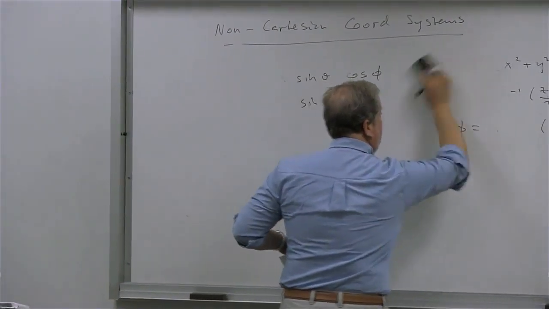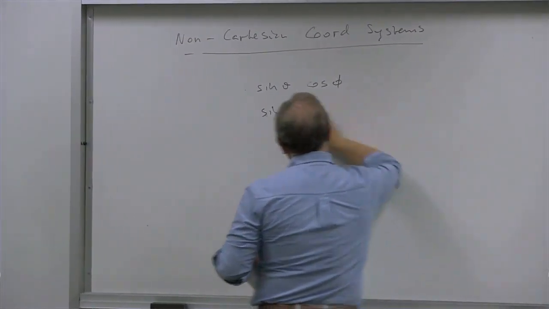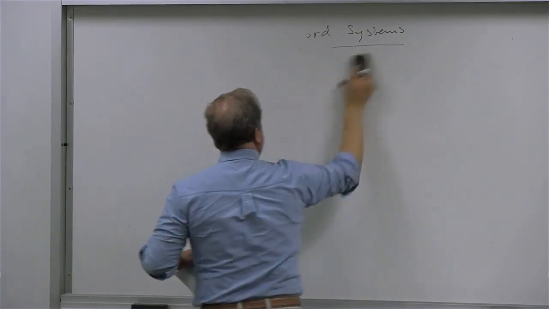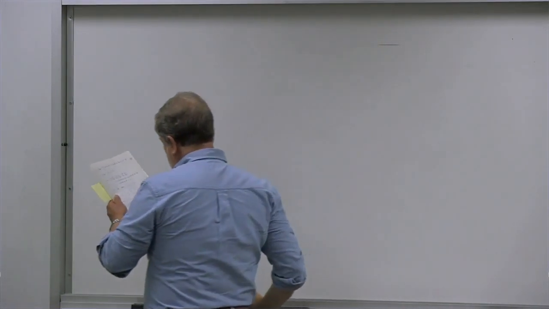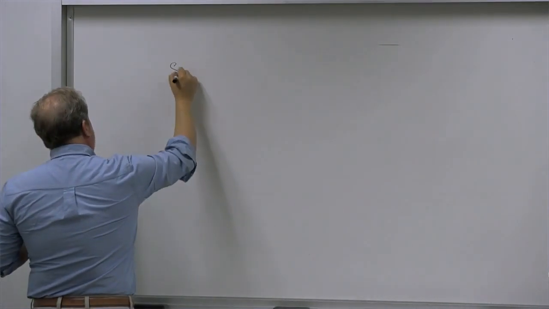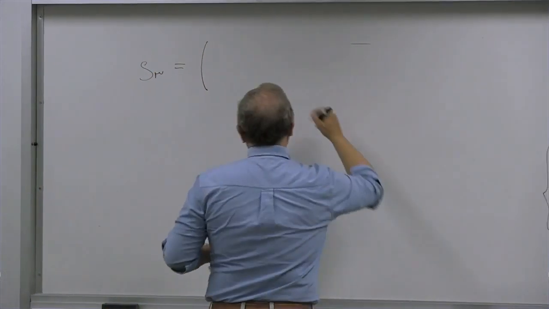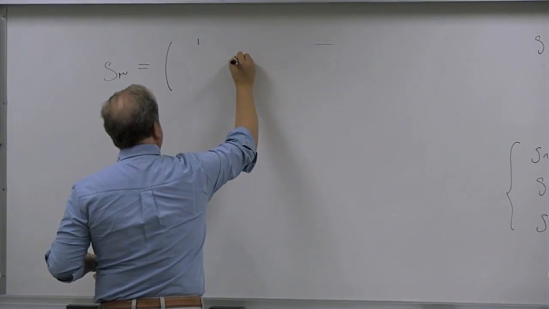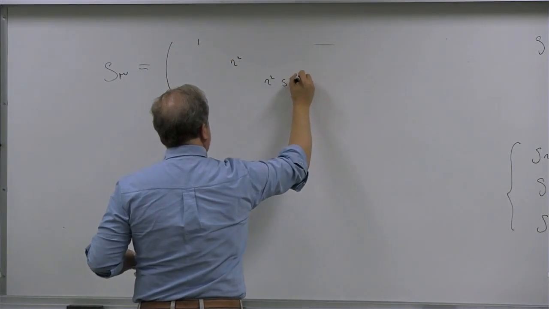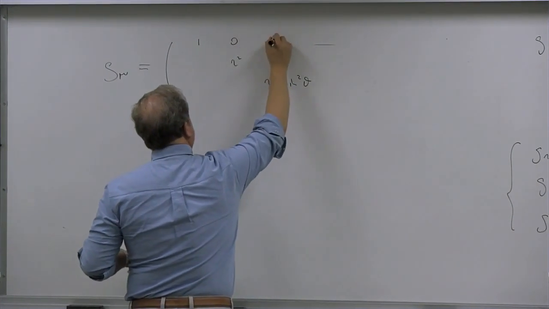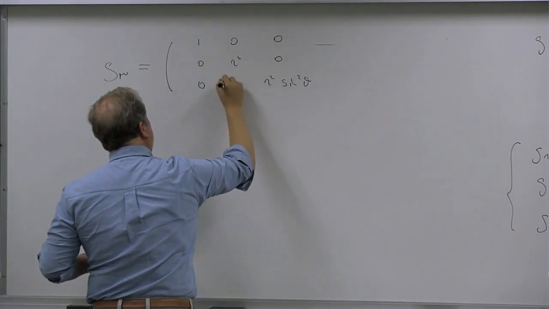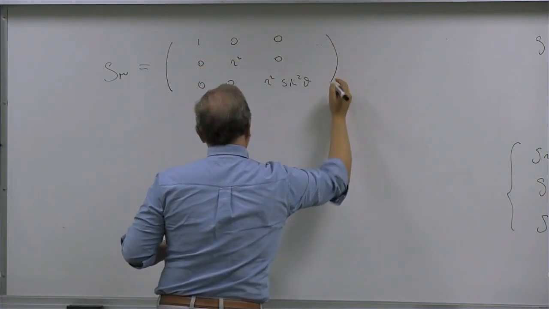Give me a couple more minutes, and we can calculate. We have that G mu nu is equal to 1, r squared, and r squared sine squared theta, and everything else is 0. So it's given explicitly by this.